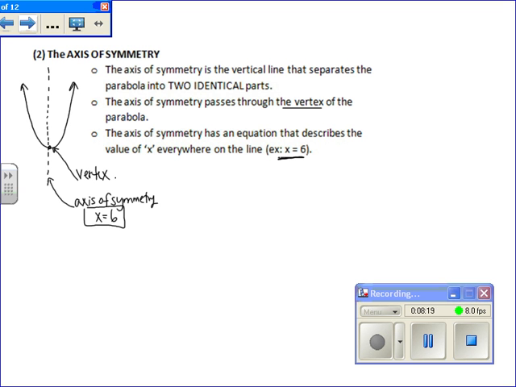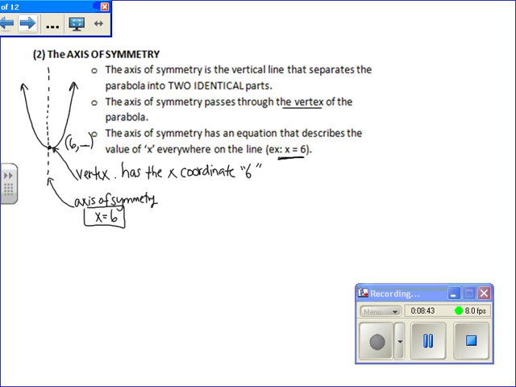And that also tells me that if my vertex is sitting on the line of symmetry, then my vertex has the x-coordinate 6. So whatever my vertex is here, it'll be the point 6 and then some number for y, which we will have to figure out.